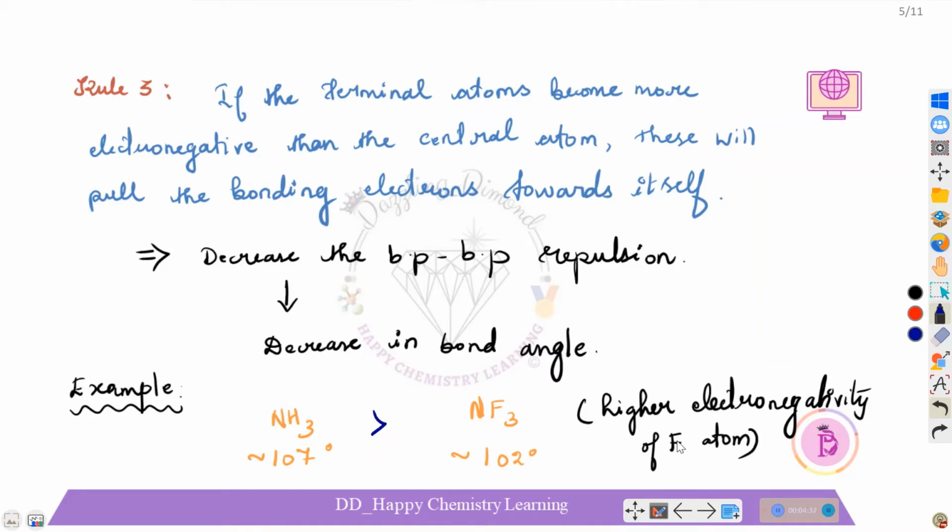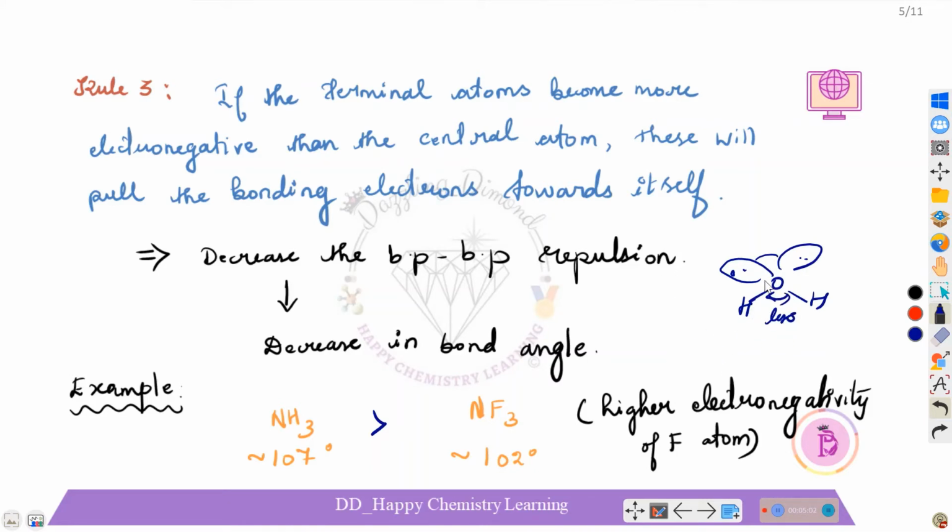So this will decrease the bond pair repulsion and will decrease the bond angle. As usual, for water we have observed that the repulsion between lone pairs will be high and this angle will be less.